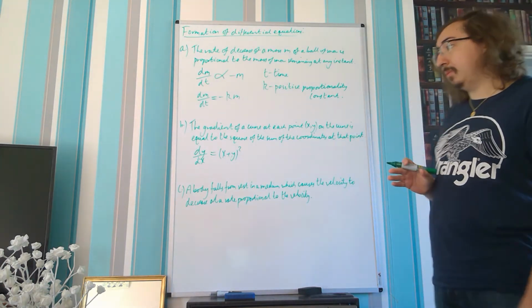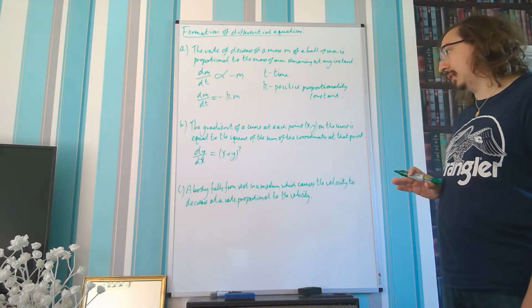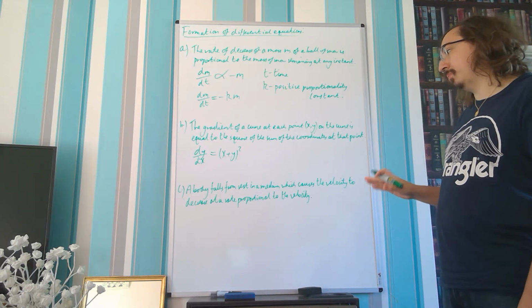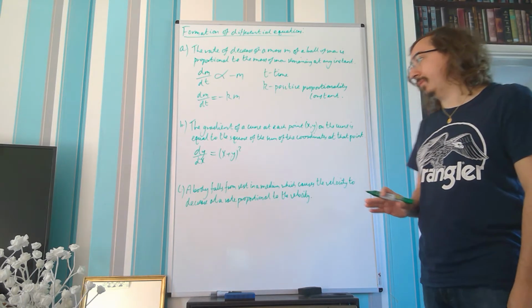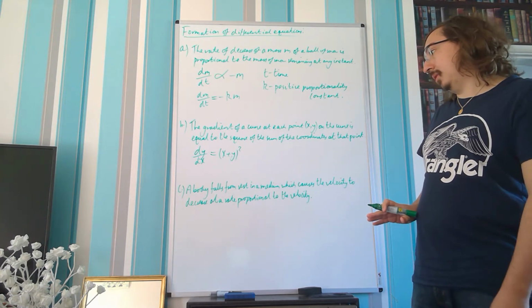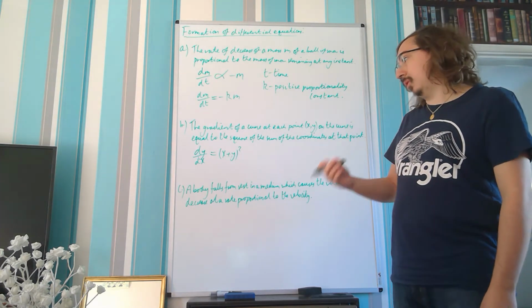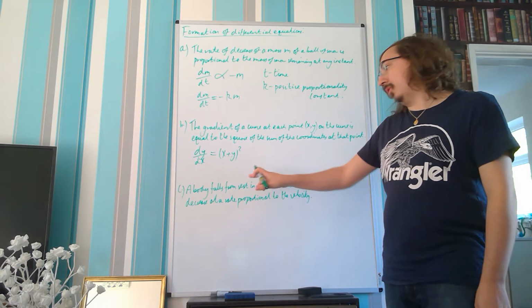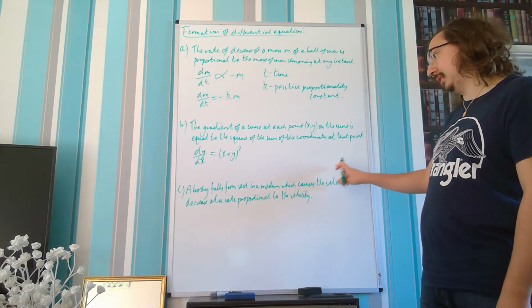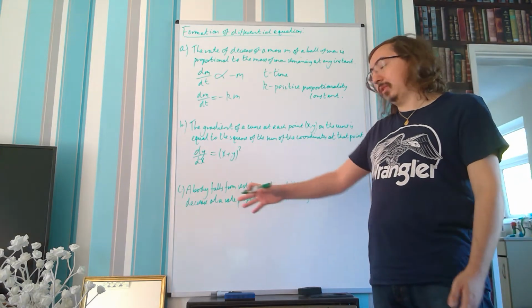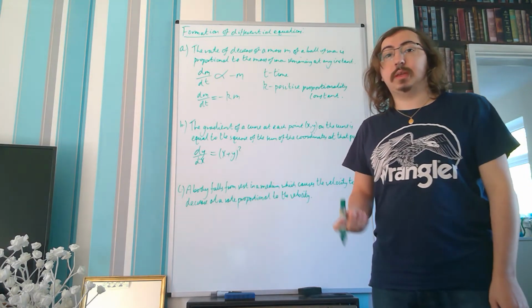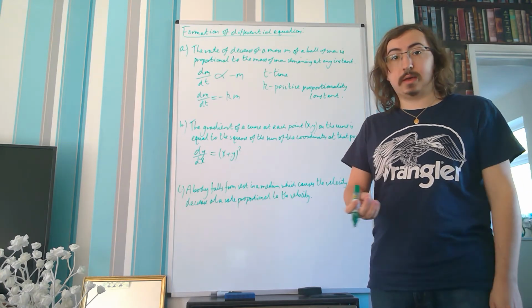Then part C, we've got a body falls from rest in a medium, which causes the velocity to decrease at a rate proportional to the velocity. Again, we've got a little bit of terminology in here. The velocity is the thing that is going to change, it decreases, and it is at a rate, so it is going to decrease with respect to time.